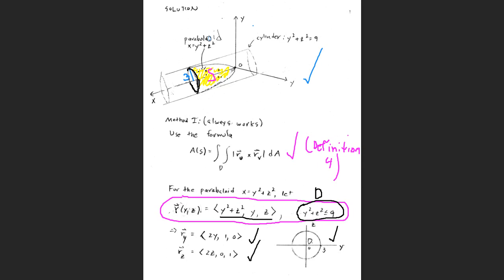Okay, so now we're going to do the cross product of these two vectors and then find the length of that cross product. So if everybody's good, I'll go to the next page. Okay, so here is the cross product.